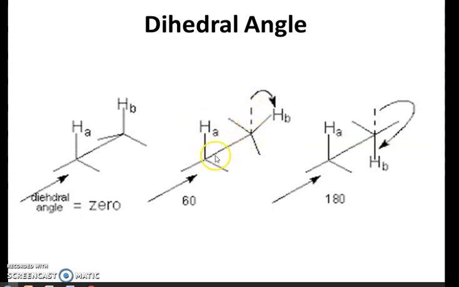The second plane includes the carbon-HB bond and the carbon-carbon bond, and you can consider a dotted line here also, similar to this bond, though that is not shown here. This is the first plane, and here is the second plane.